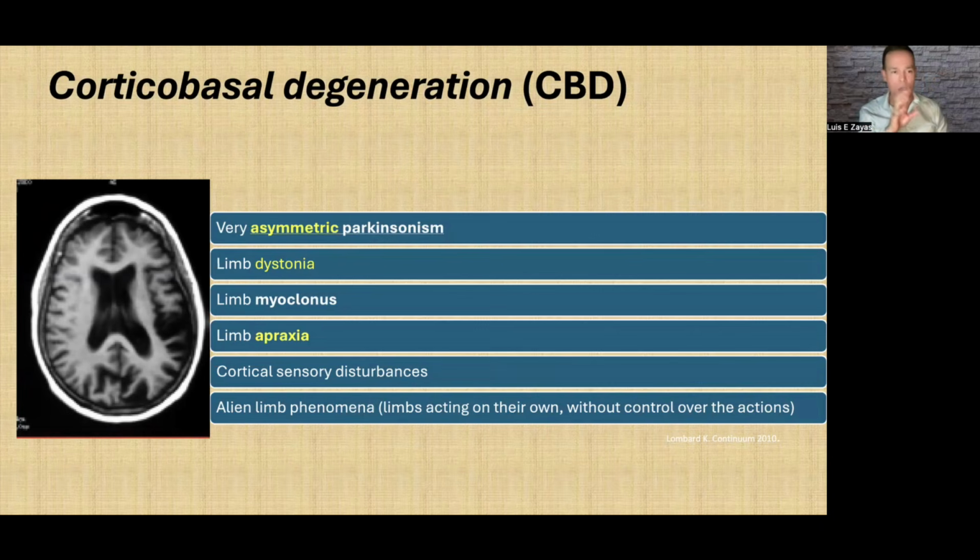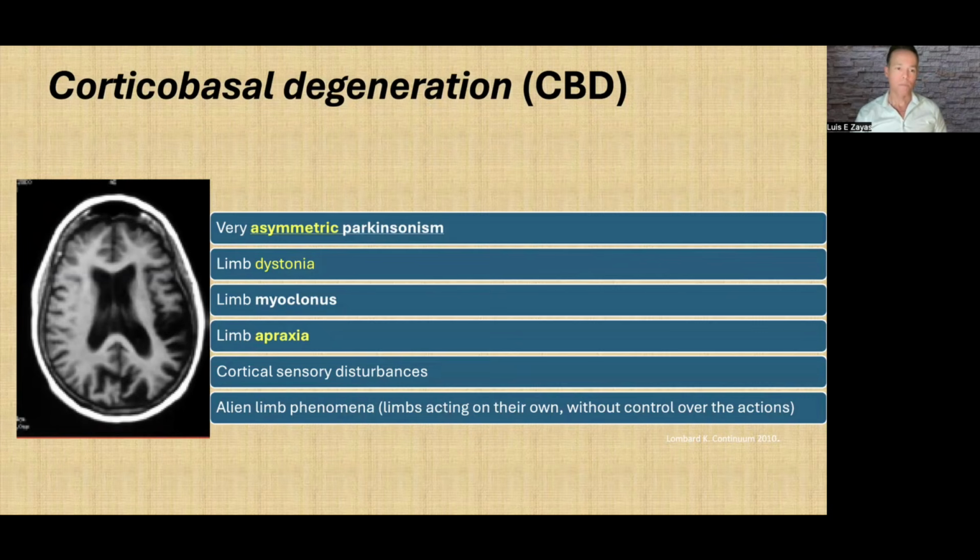So there are other conditions that have this pattern. For example, PSP, corticobasal syndrome. Okay, so when the patients get autopsy, you see PSP, but the phenotype is like corticobasal. It's a mix.